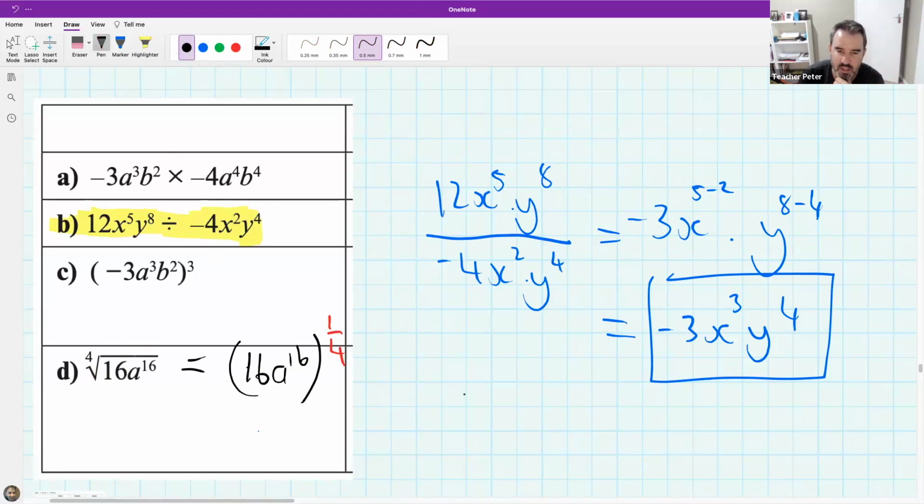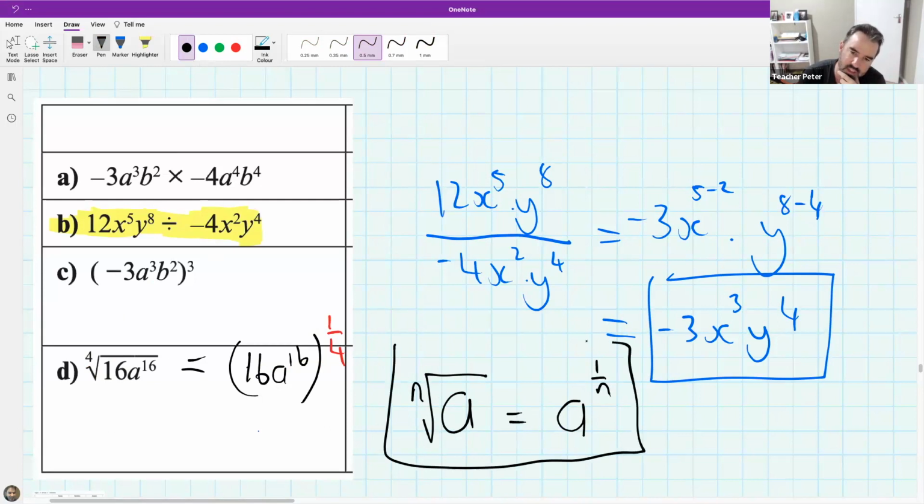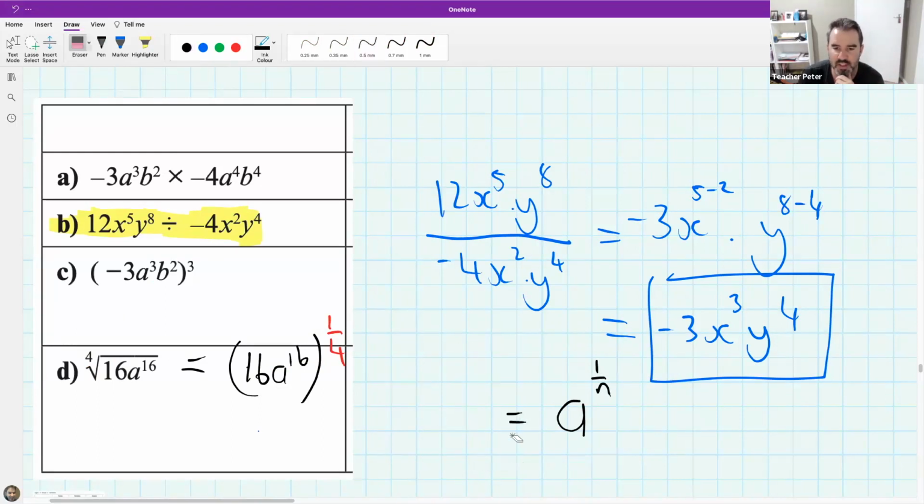Sometimes when you see it as a surd law, the nth root of a is the same as a to the power of 1 over n. Yes, sir. Okay, so we'll carry on with that a little bit more in later lessons. From that point, what did you do?